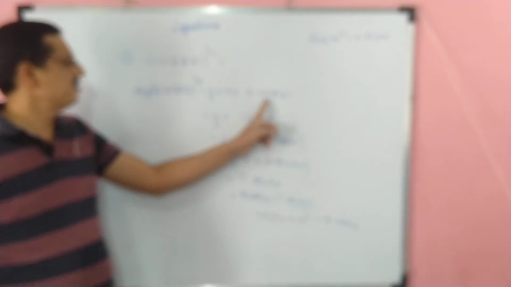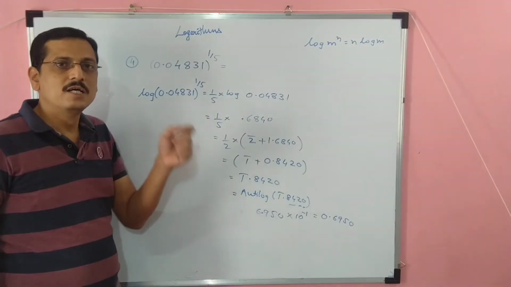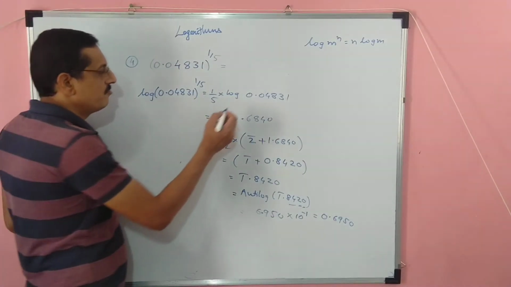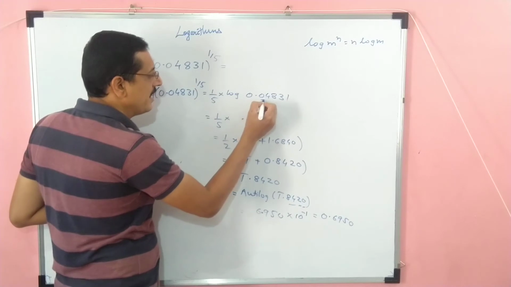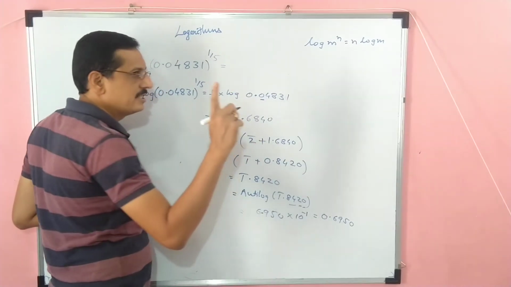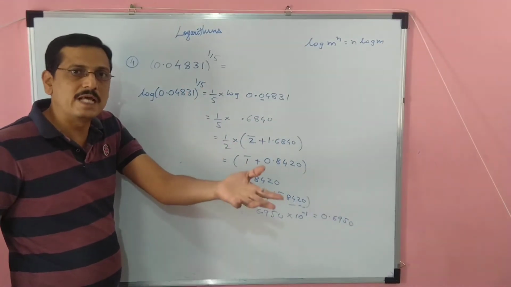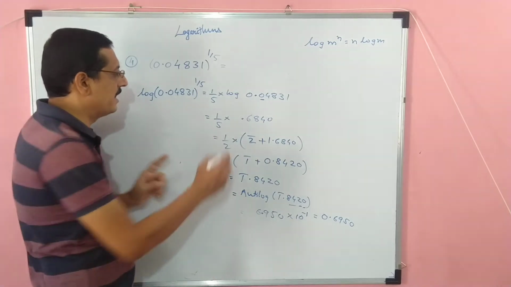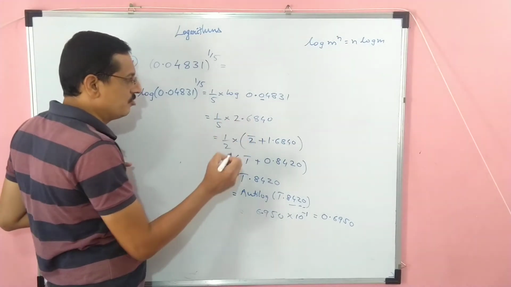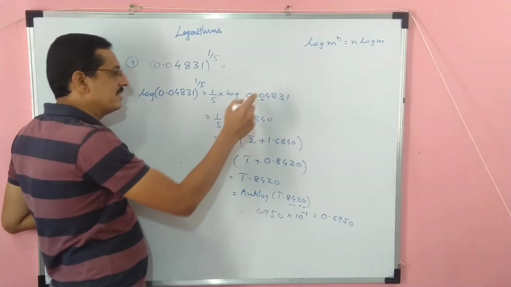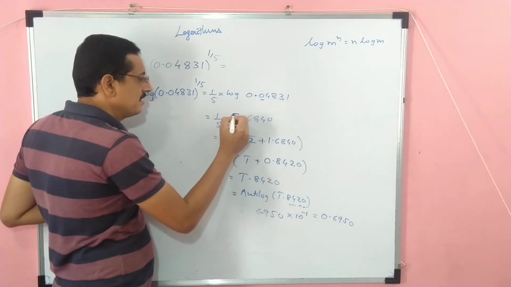For that, this value is less than 1. If it is less than 1, we have to check how many zeros are there between the decimal point and the first non-zero digit. There is 1 zero. Then the characteristic is 1 more than that. So 1 zero is there, so characteristic will be 2. And because the value is less than 1, the characteristic is negative.